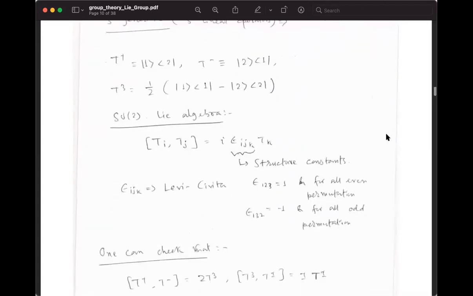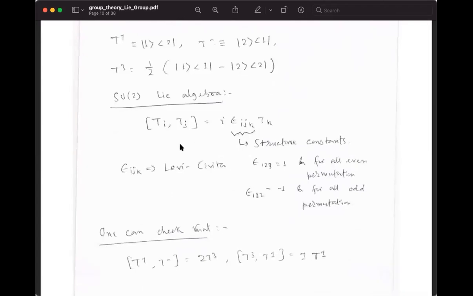And for SU2, the Lie algebra is given in the following form: [Ti, Tj] equal to i epsilon ijk Tk. If you compare to the earlier one, the epsilon ijk is the fully antisymmetric Levi-Civita tensor, and for SU2 it is the structure constant.